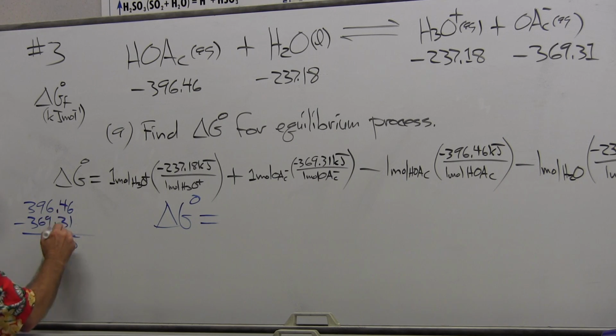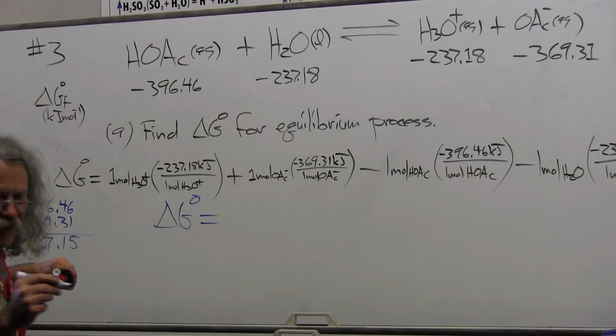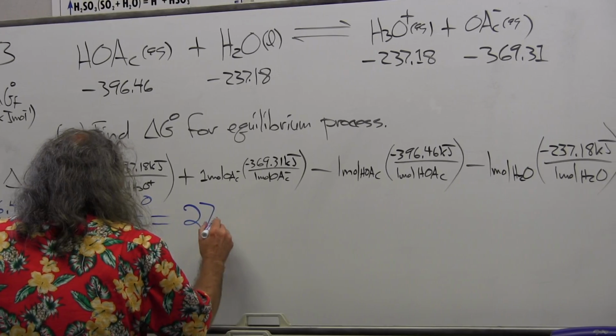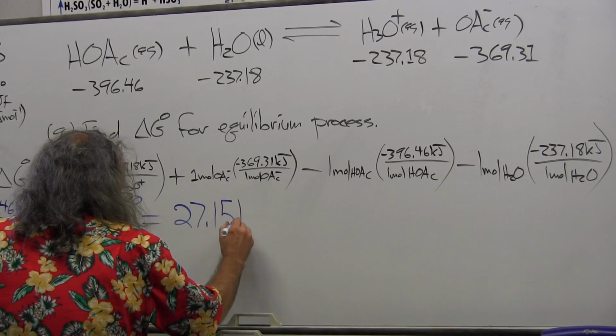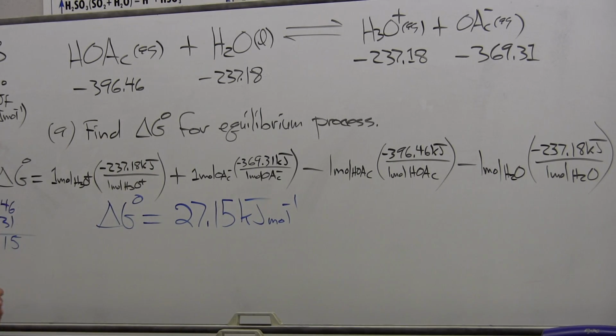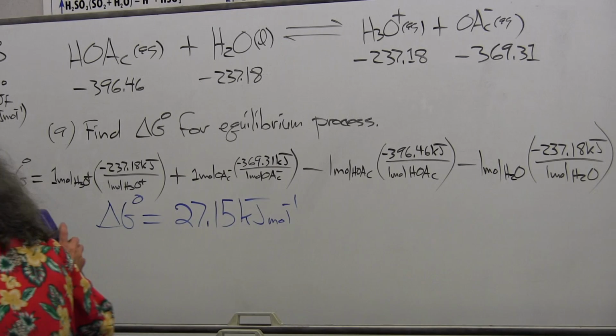That's a 5, that's a 1, that's a 7, and this is an 8, which is 27. Yes, you're absolutely right. Is plus 27.15 kilojoules per mole of the reaction. This was scratch paper over here.